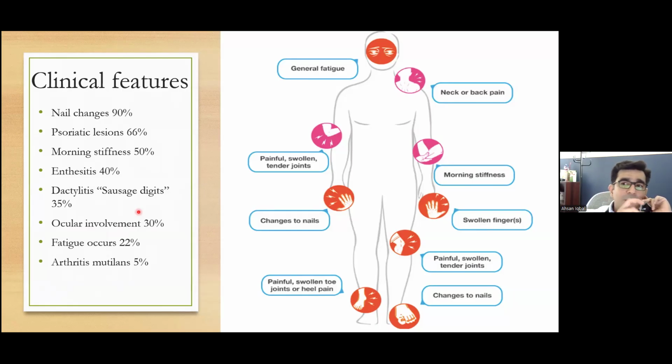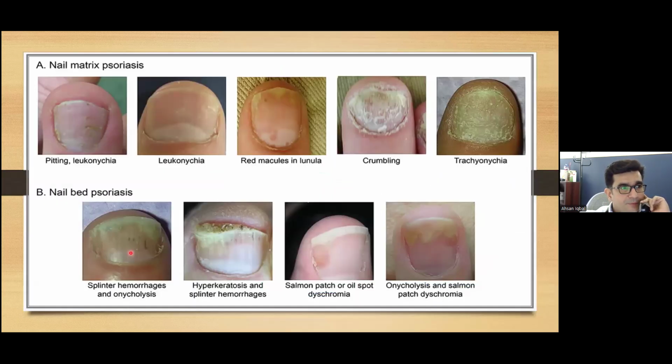It depends on where the morning stiffness is. It's worth asking, is it involving lower back or is it involving the hands, knuckles? And then dactylitis, which we often call sausage finger. Ocular involvement like uveitis. Fatigue occurs in about 22% of the patients, and then the arthritis mutilans is basically where their DIP joints erode in about 5% of the patients.